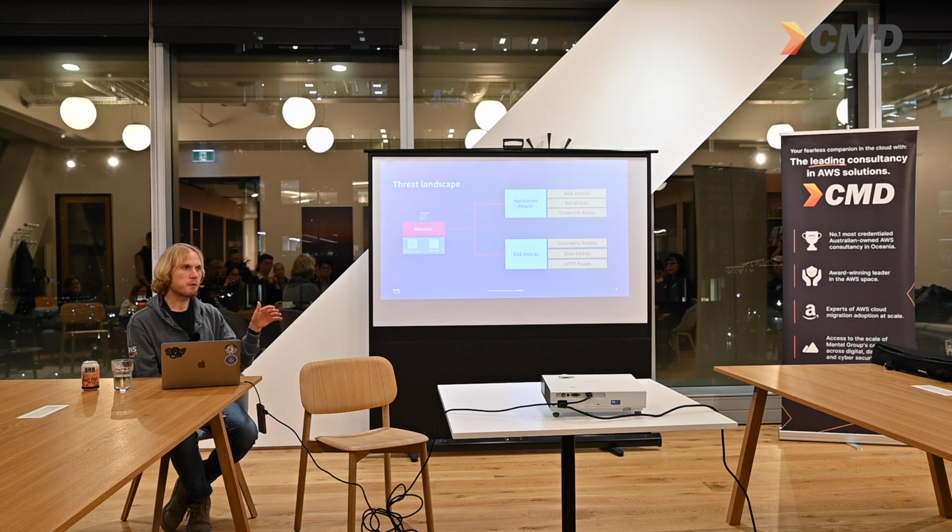Bread and butter web application firewall stuff. If you've got a compliance standard like PCI compliance, then you probably have to worry about that. Where it gets a bit more interesting is bot attacks and credential abuse, where someone is writing a script to crawl your website to scrape down data, or, as I said, try and buy tickets to a local concert and scalp them later on.